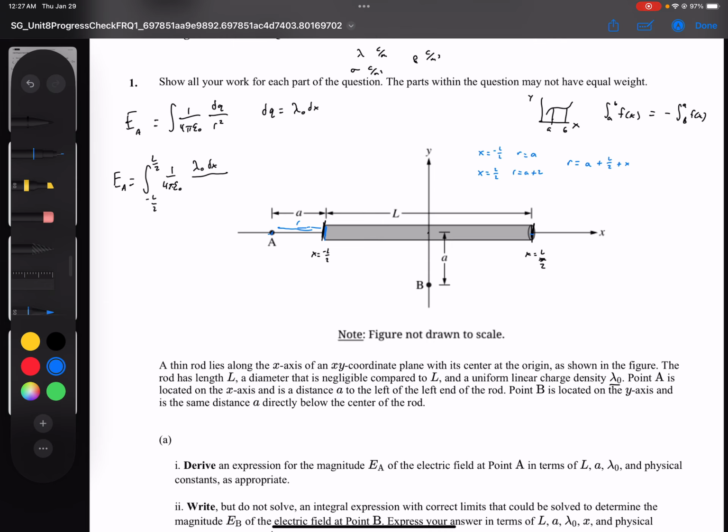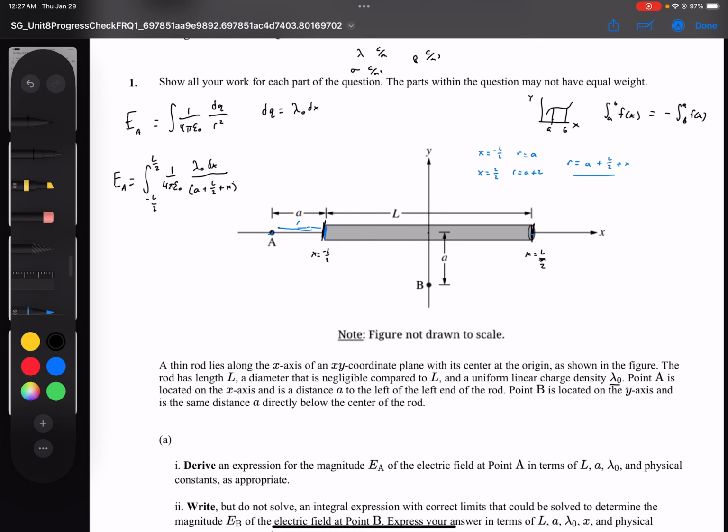And so it satisfies these conditions. This is what I'm going to be plugging in for my r. That's a function that describes the distance of every single tiny charge element as I integrate across this rod. So I have a plus L over 2 plus x.